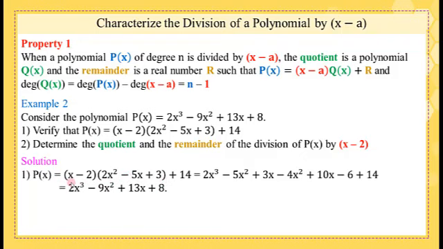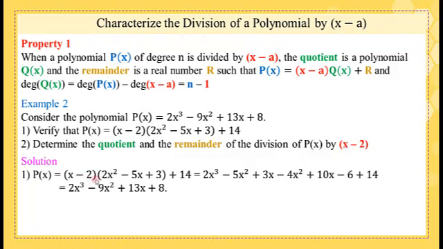Let's multiply x minus 2 into 2x squared minus 5x plus 3. X multiplied by 2x squared is equal to 2x cubed. X times minus 5x equal minus 5x squared. X multiplied by 3 is equal to 3x.